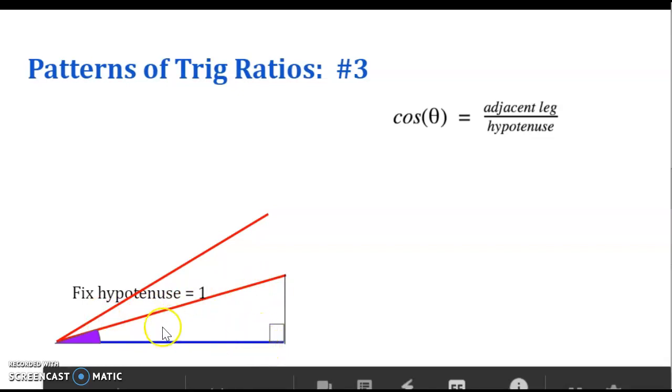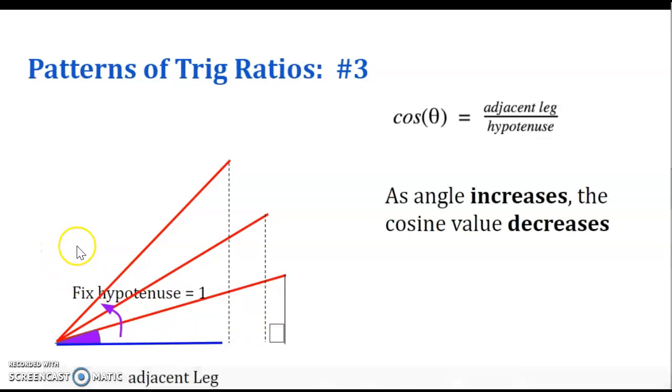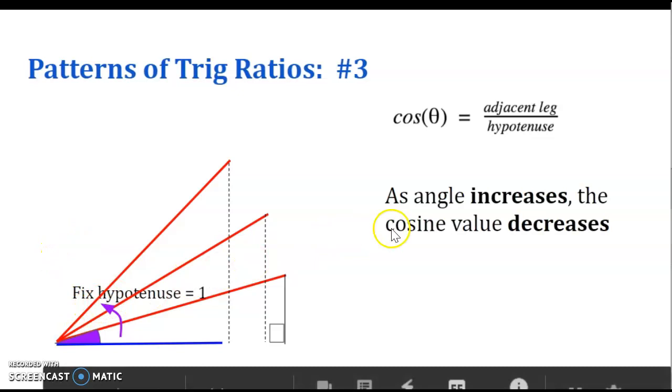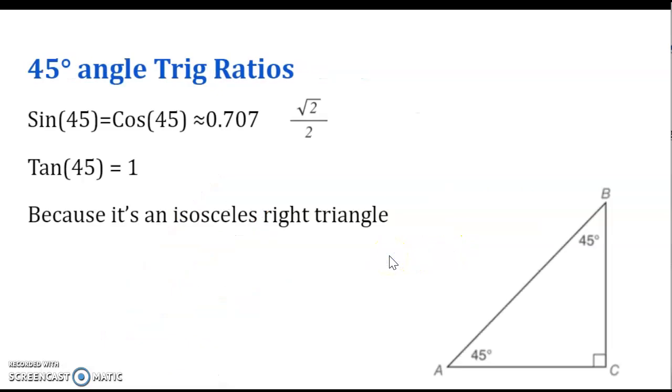But then as the angle increases, the adjacent side gets shorter and shorter until it's very close to zero. So as the angle increases, the cosine value decreases. That's what you should have figured out.